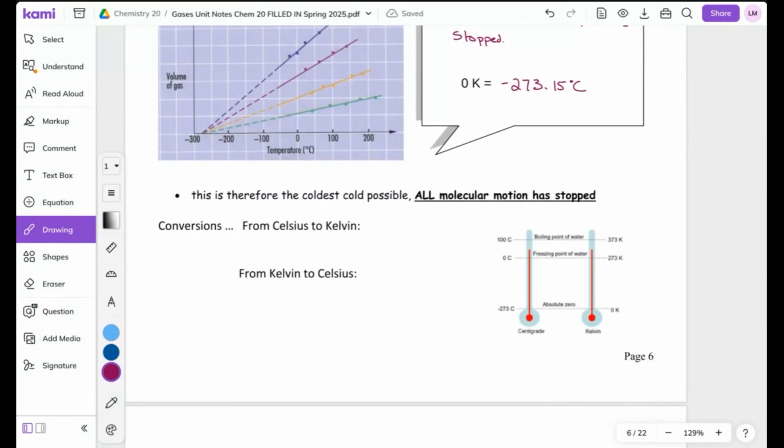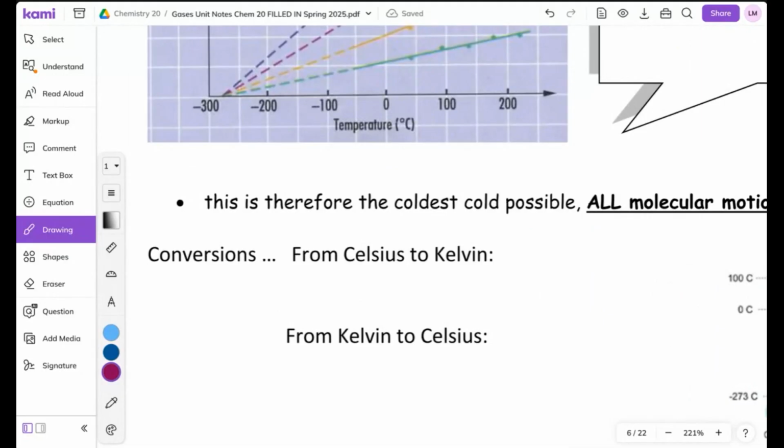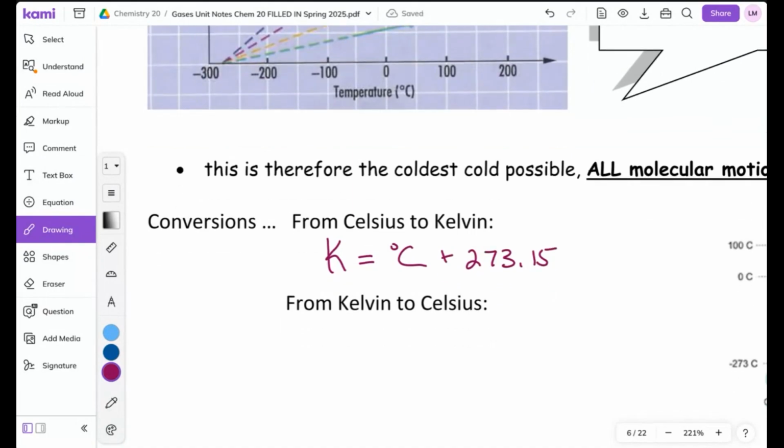Now, how do we convert between degrees Celsius and Kelvin? Well, you can use these formulas here. Kelvin is equal to degrees Celsius plus 273.15. And if you're converting from Kelvin to Celsius, then degrees Celsius is equal to Kelvin minus 273.15.